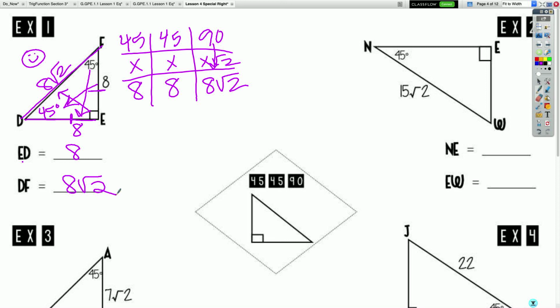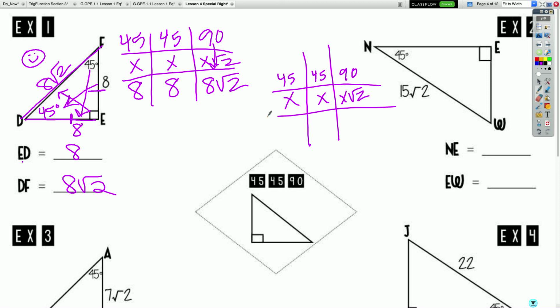Okay, go ahead and set up a tic-tac-toe for the next one, example 2. Okay, that just makes sure we have our pattern memorized too. I just like it for at least the lesson. You'll get to a point where you might not need to use it anymore. Okay, and I want to see if you can fill in the 15 square root of 2 in the right column.